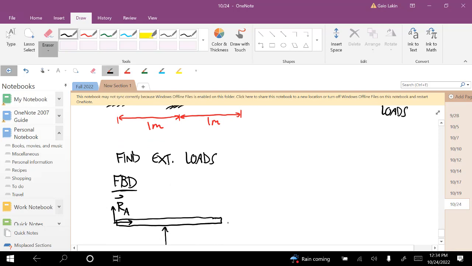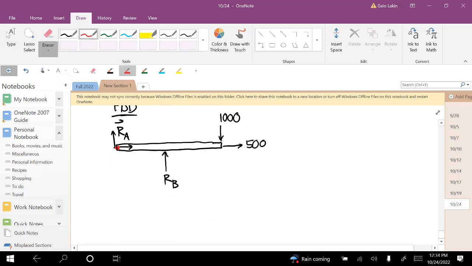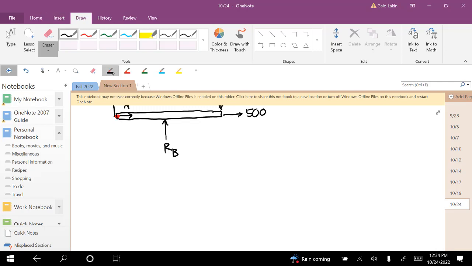And then we have the 2 applied forces, the 500 and the 1,000. And I'll use the about point at A again. And you could write out a table for this and everything, but again, everything's happening in a horizontal line, so it's just easier to do it the way that I did it in the last example. So what do we have?